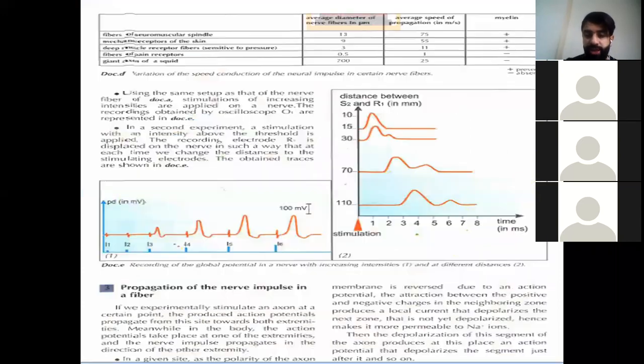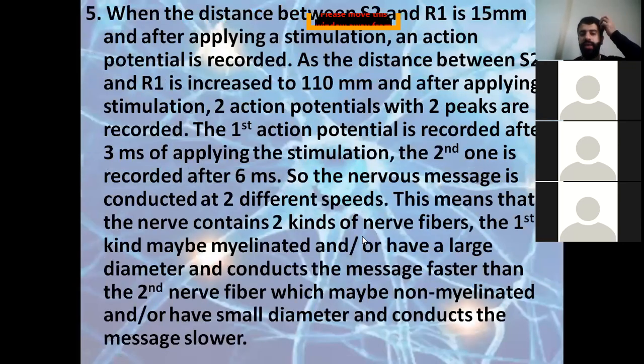After we increase the distance to 110, the first one was recorded after 3 milliseconds, and the second is recorded after about 6 milliseconds of the stimulation. Stimulation is recorded at time 0. So what can we say? The nervous message is conducted at two different speeds. The first after 3 milliseconds, and the second after about 6 milliseconds.